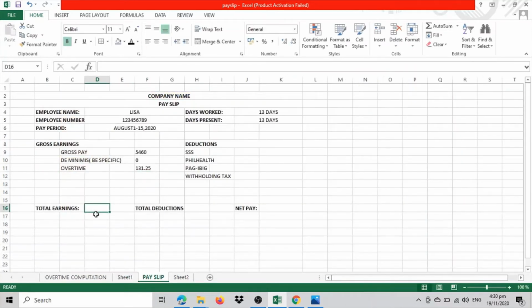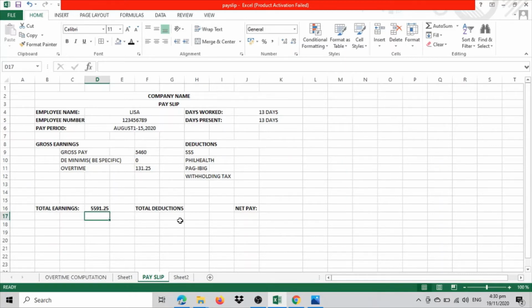For the total earnings, we have equals 5,460 plus 131.25. So her total earnings during that pay period will be 5,591.25.